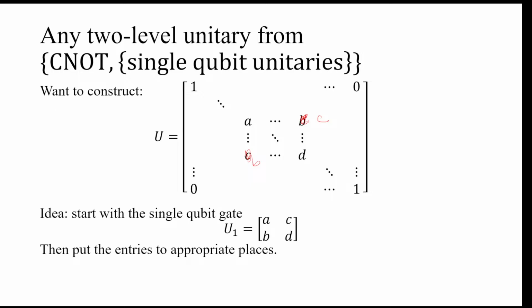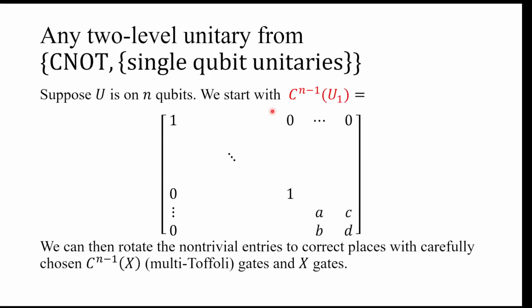We want to do this, and as we said, this U1 with just ABCD is unitary, and it's a single qubit unitary. Okay. And basically we want to start with this U1 ABCD unitary and put it in the correct two levels. Okay. So what we do is we start with actually not the U1 gate, we start with this multi-control version of U1.